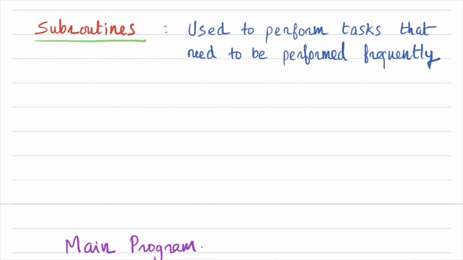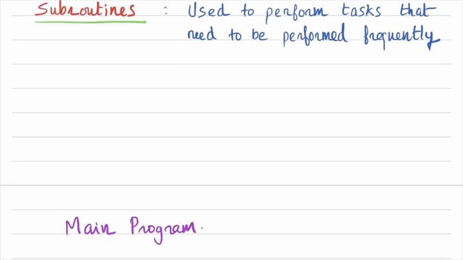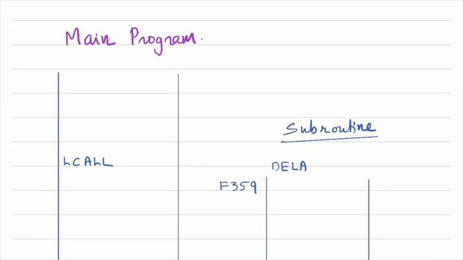So remember that if there are certain tasks which are to be performed frequently, then we will write subroutines for performing such tasks. So let us clearly understand this with an example.